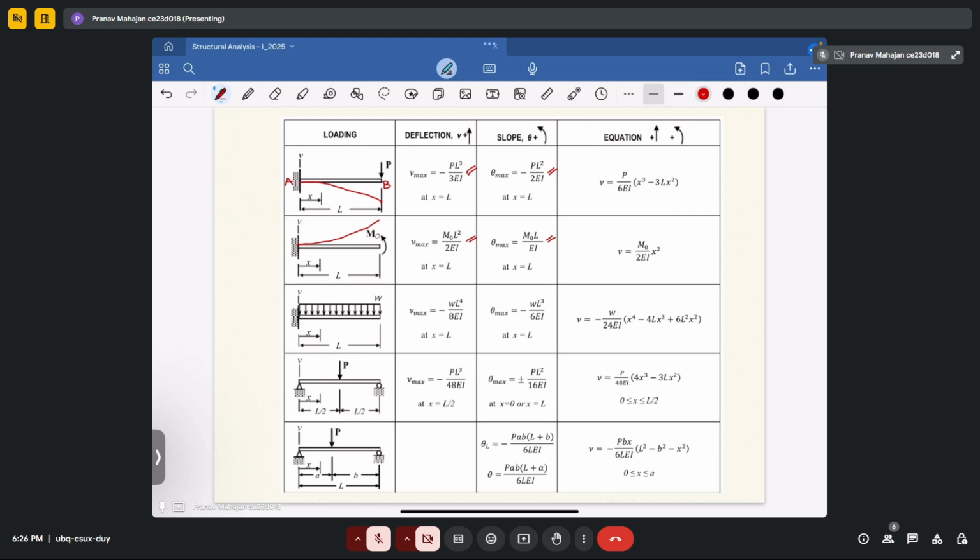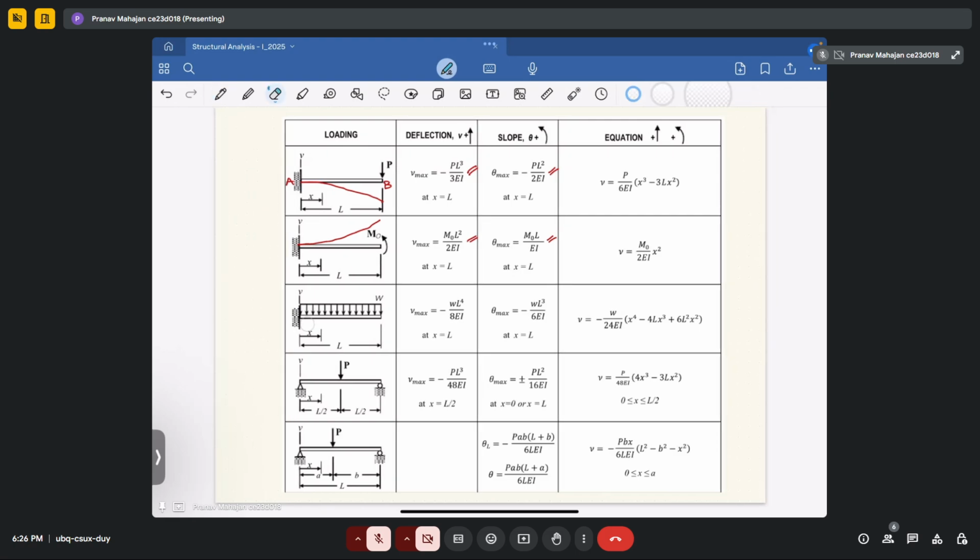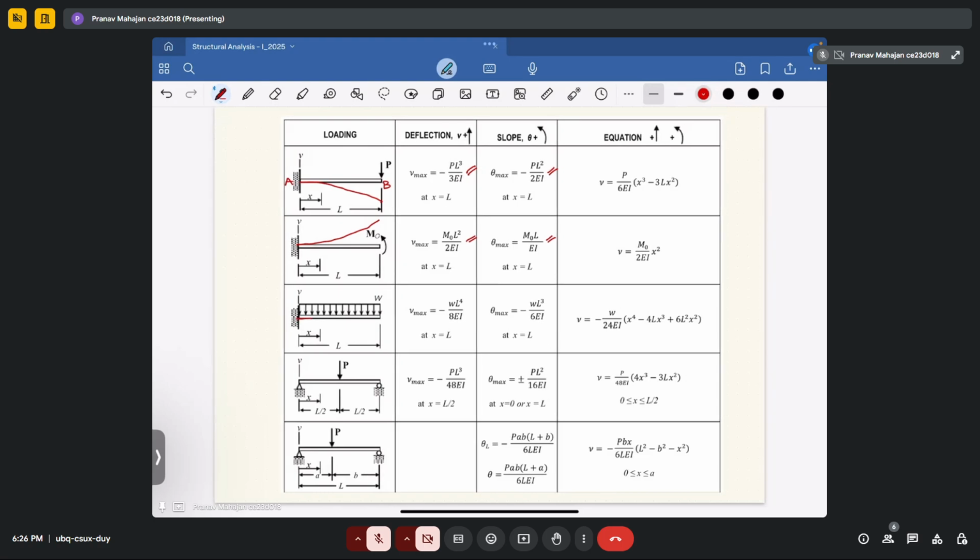Next, when you have a cantilever beam subjected to a uniformly distributed load throughout its length, the beam will deflect like this, with the maximum deflection WL to the fourth upon 8EI, and the maximum slope theta will be equal to minus WL cube upon 6EI.